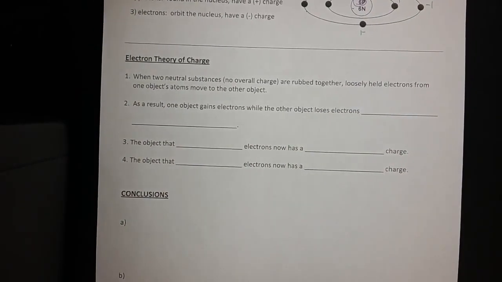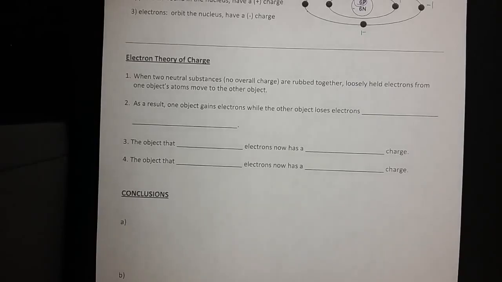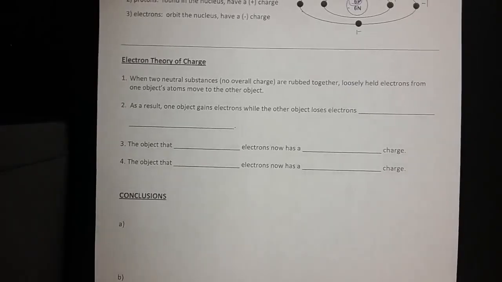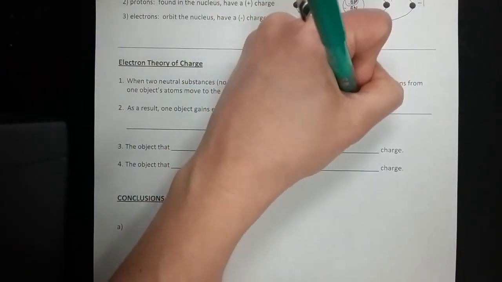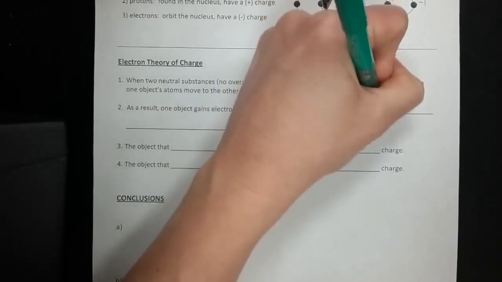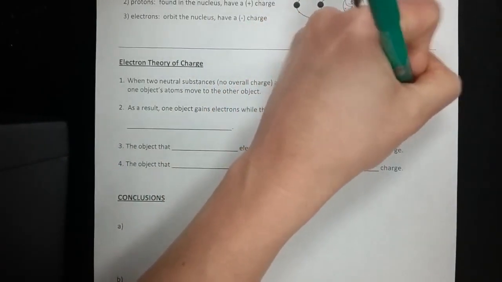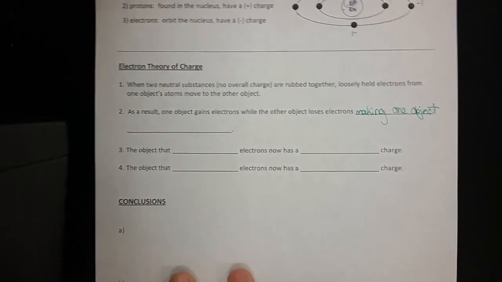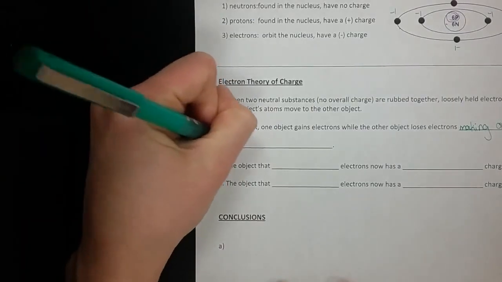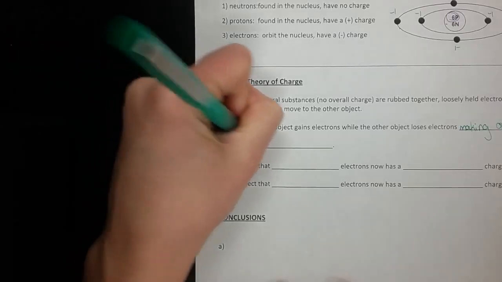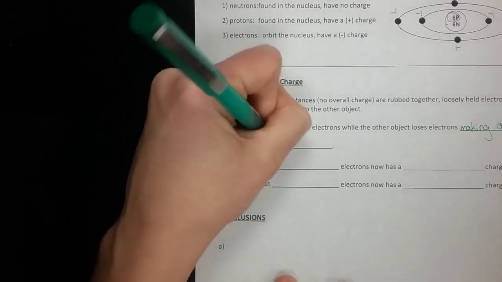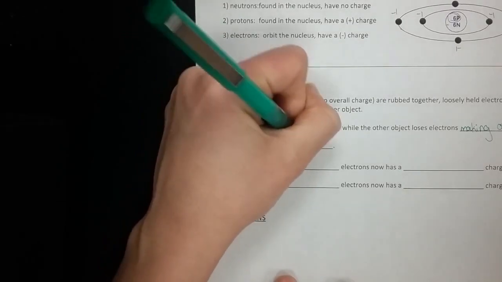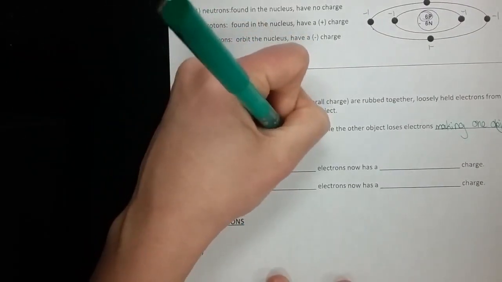So as a result, one object gains electrons while another object loses electrons, making one object positively charged and one negatively.